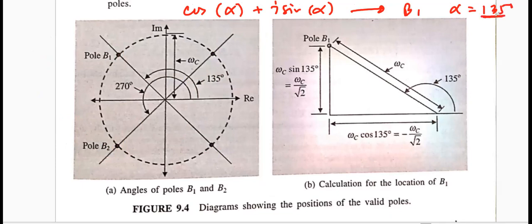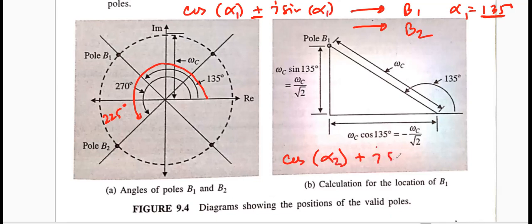With the same angle, if I put a minus there, what is the value of alpha? Again, alpha is equal to 135. We can also find the value of B2, both of the valid poles. But if I take the value alpha equal to 225 degree, in that case I need to write the equation cos alpha 1 plus j sine alpha 2, where alpha 1 and alpha 2 are equal to 225 degrees.